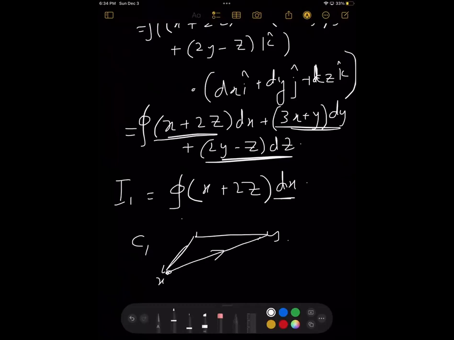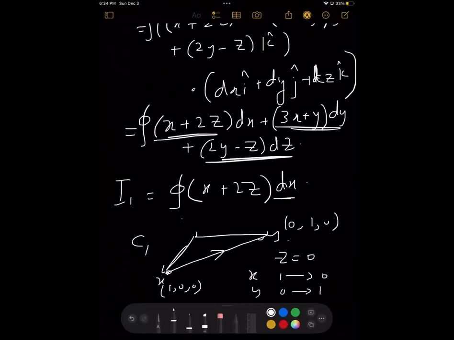Here our values are 1, 0, 0, and here our values are 0, 1, 0. Z is 0, x goes from 1 to 0, and y goes from 0 to 1.